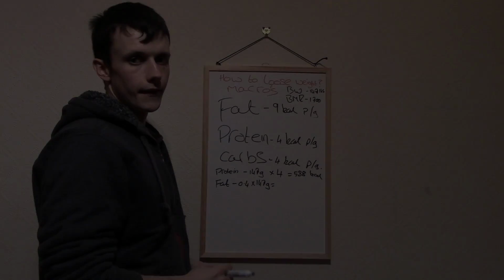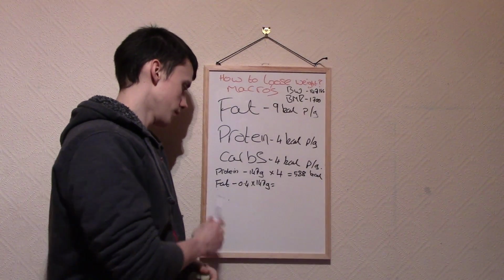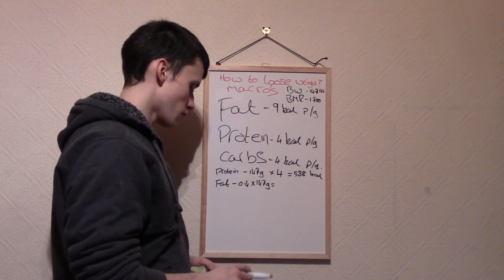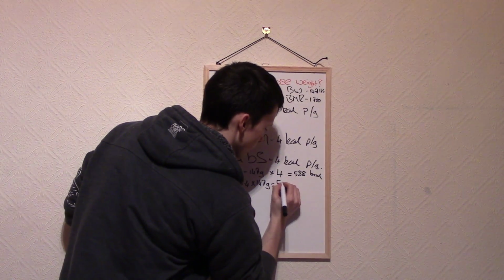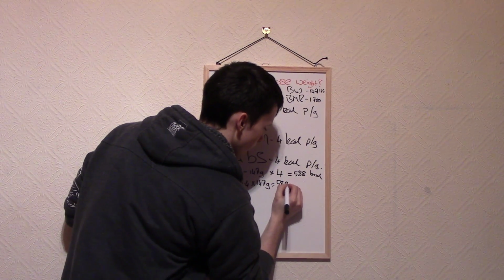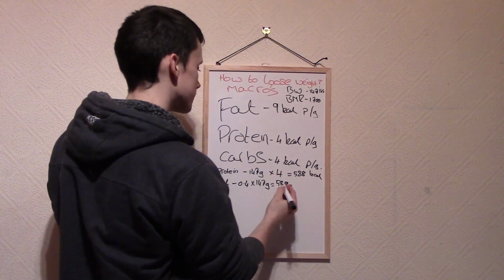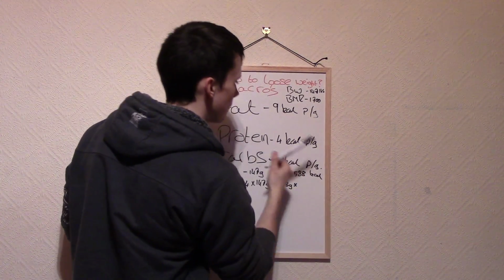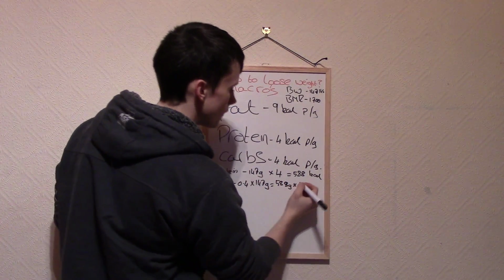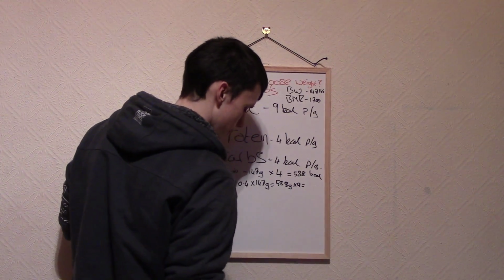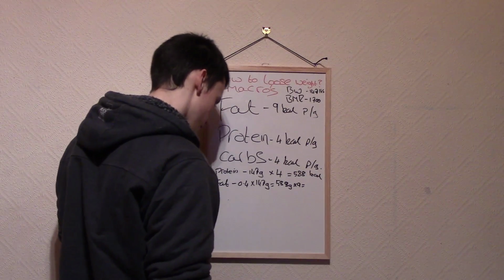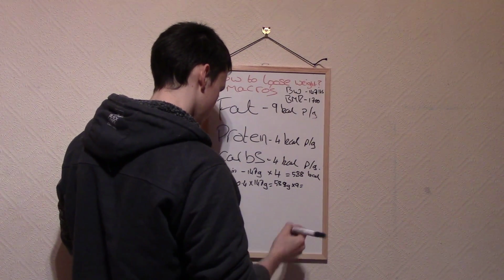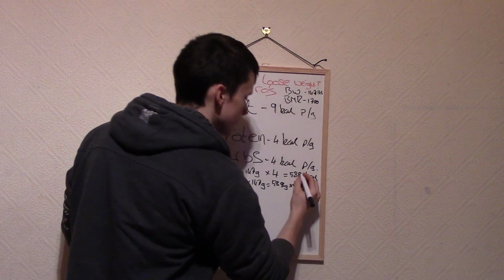So to work out the fat, we do 0.4 times 147, which is 58.8 grams. And then we've got to times that by 9, because we know fat is 9 calories per gram. That equals 529.2. Let's just round it down to 529.